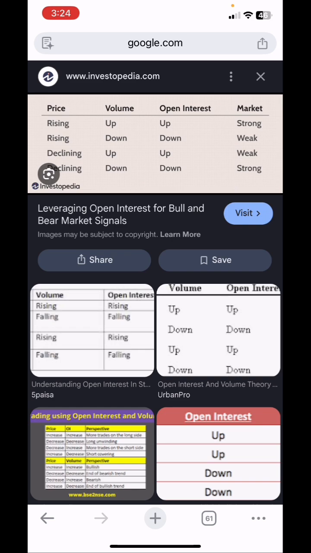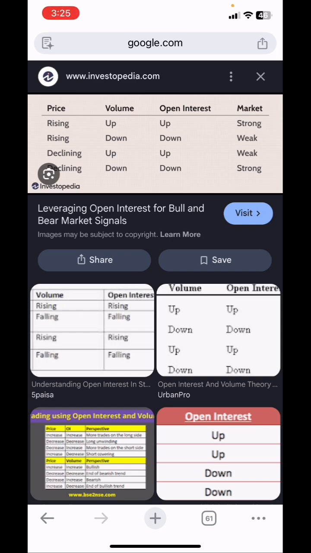Okay, market. If the price is rising, the volume is up, and open interest is up, the market is strong. If the price is rising, the volume is down, and open interest is down, it's a weak market. If the price is declining, the volume is up, and open interest is up, it's a weak market.